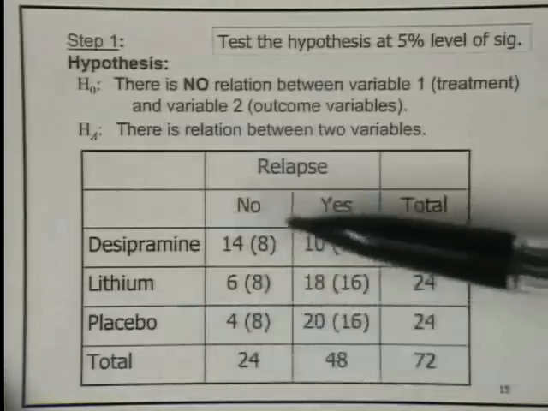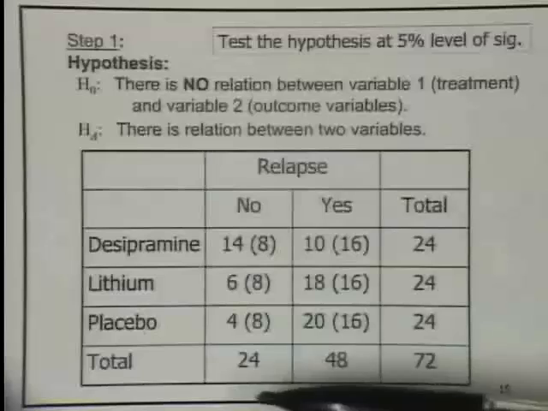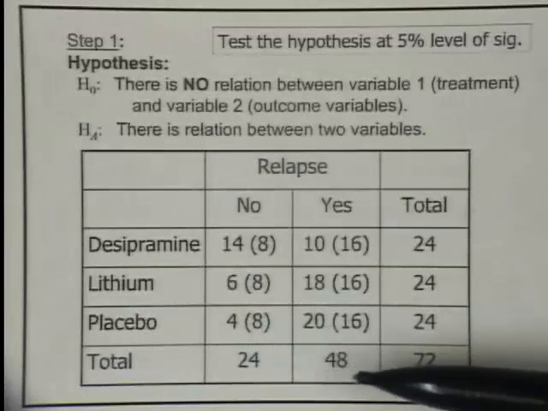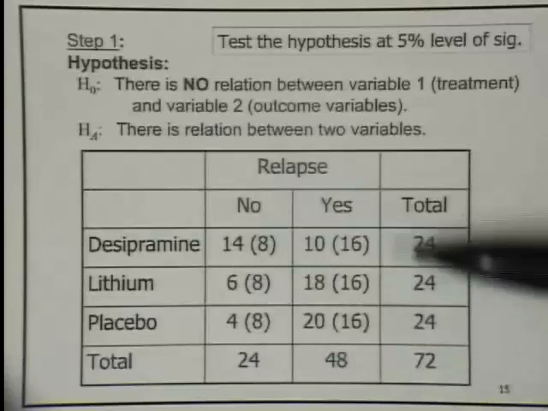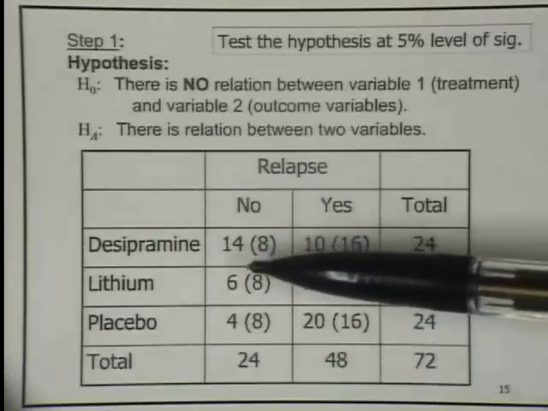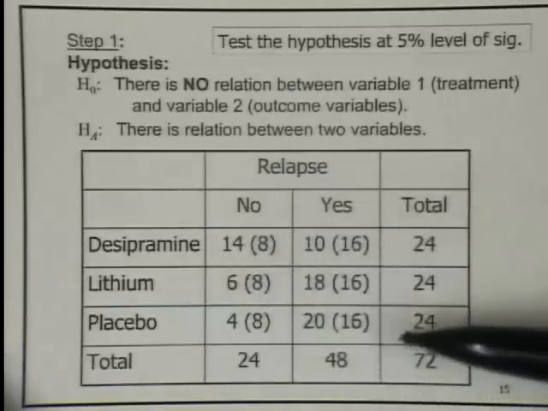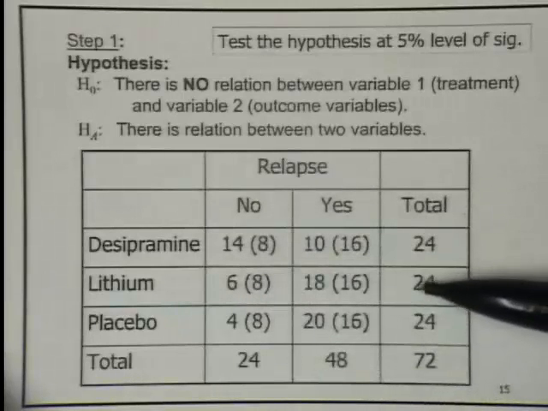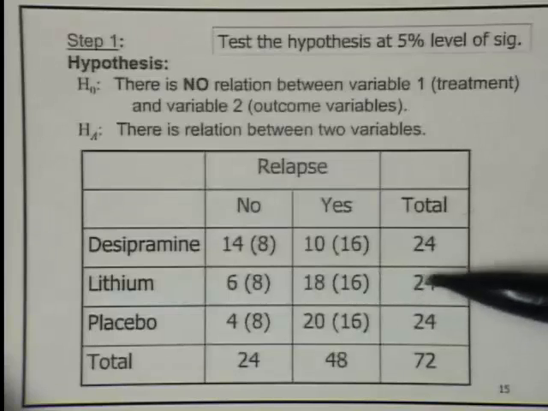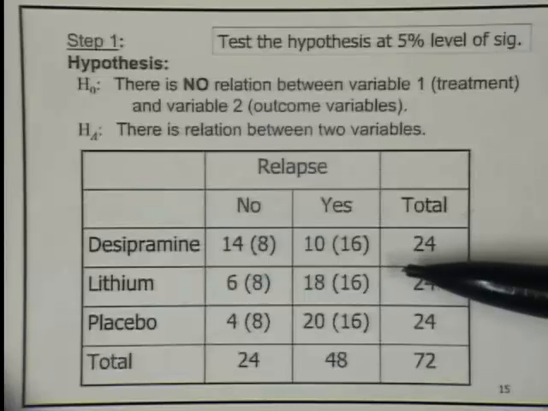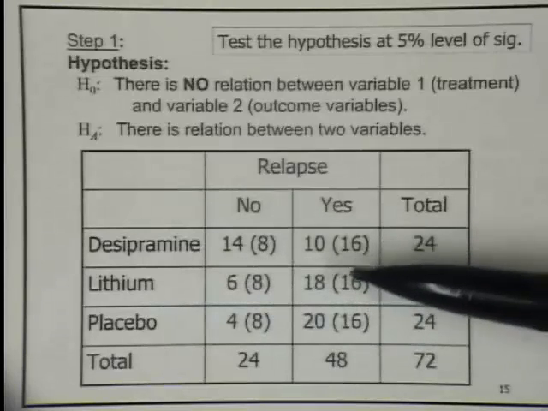If you calculate the totals for no relapse and relapse, it's 24 and 48, right? So it's a 1 to 2 ratio. So if each treatment group has 24, the expected outcome under the null hypothesis, with a 1 to 2 ratio, would be 8 to 16, right? So in case I have a row where the treatment group is 12, if you want a 1 to 2 ratio, it'll be 4 to 8, okay?